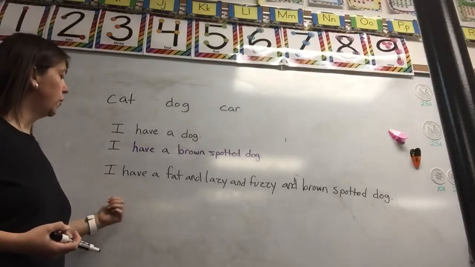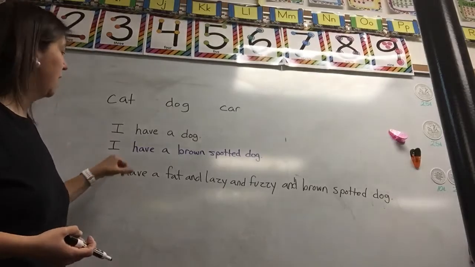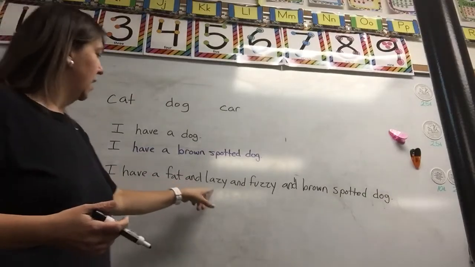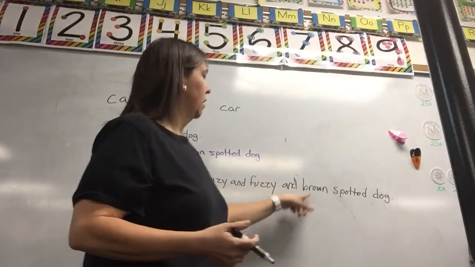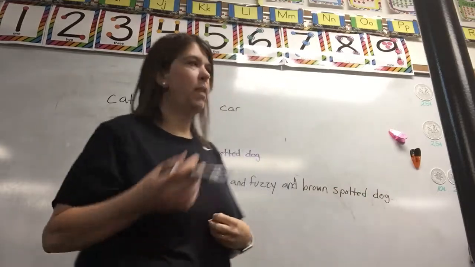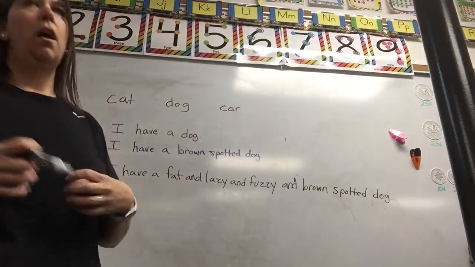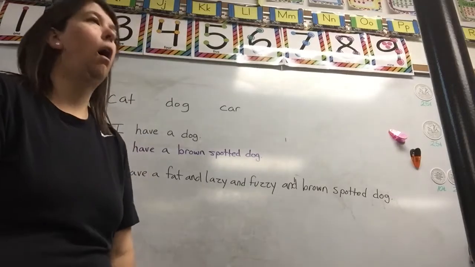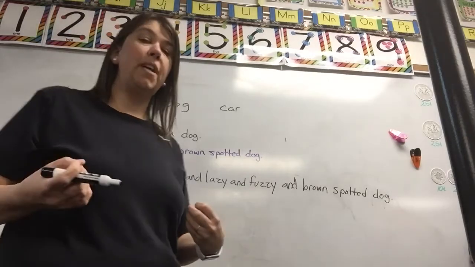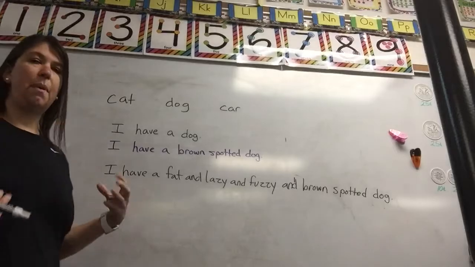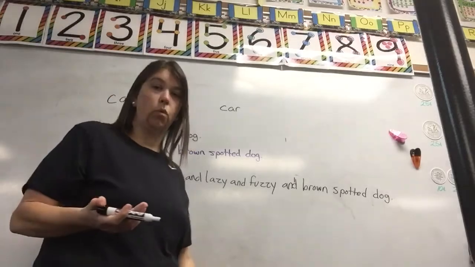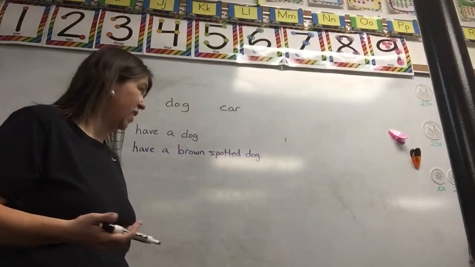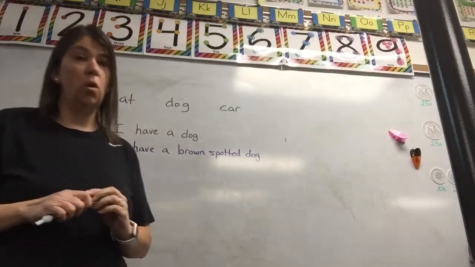So we don't want to go too far to where instead of I have a brown spotted dog, I now have a fat and lazy and fuzzy and brown spotted dog. If we keep doing that, it gets so boring to read. So we have to be careful. Do not just keep adding adjectives or descriptive words to a sentence because that doesn't necessarily make the sentence better. Sometimes that makes it worse.